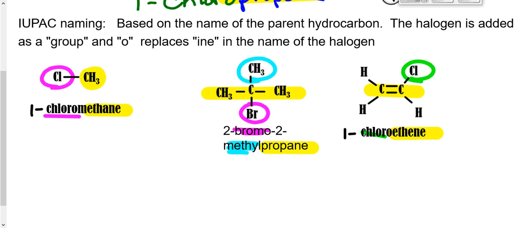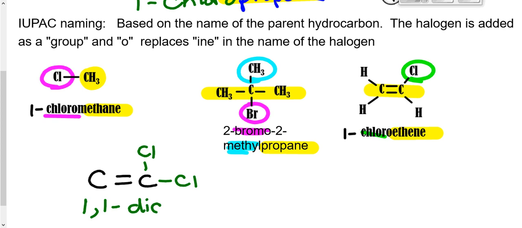For example, if I were to make ethene and have 2 chlorines, 1 here and 1 here, in this case you must call it 1,1-dichloroethene. You have to have both branches with a number, and you must say that they're both a number 1.